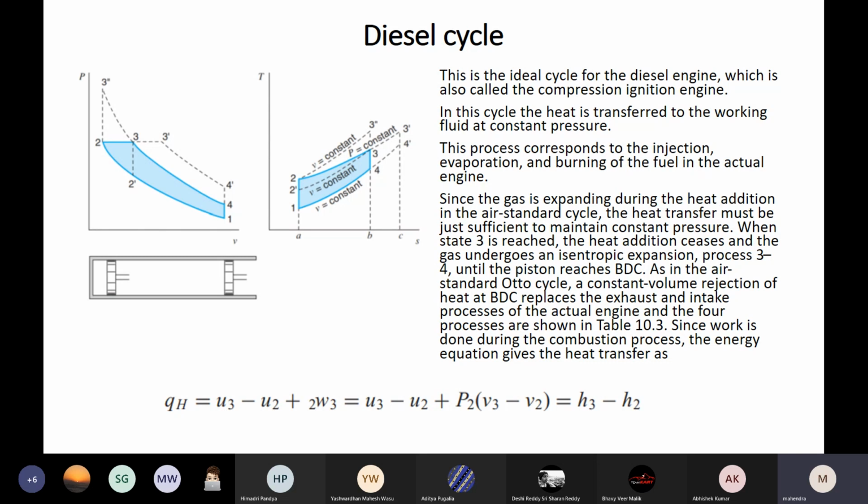This is isentropic compression, this is constant pressure heat addition, this is isentropic expansion, and constant volume heat rejection. Rest of all processes are the same as the Otto cycle.